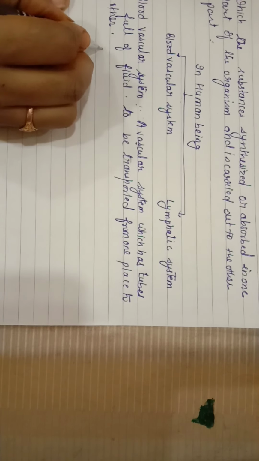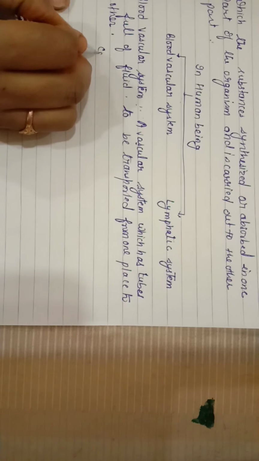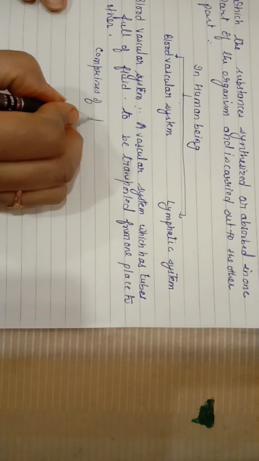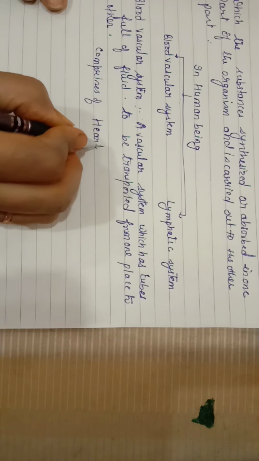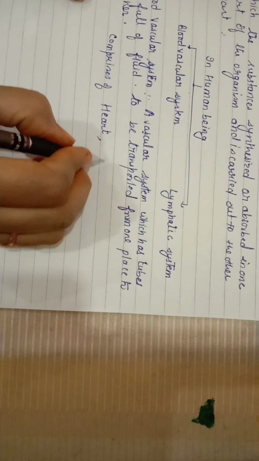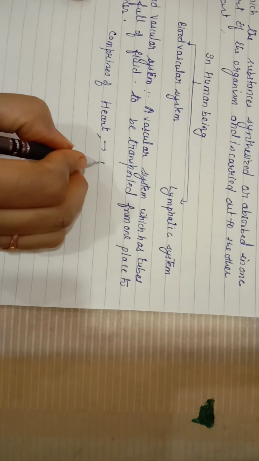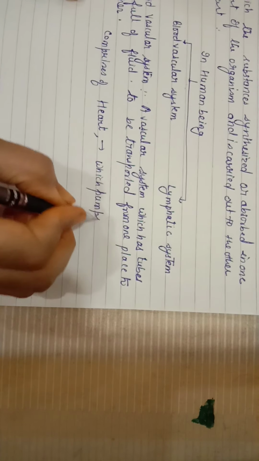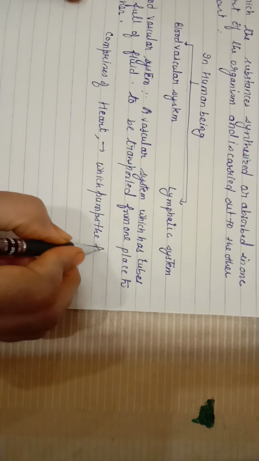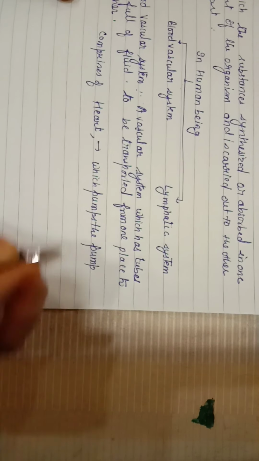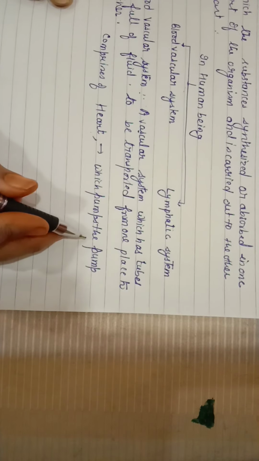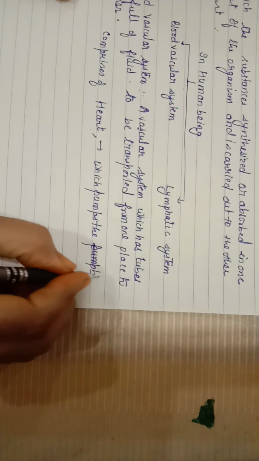So the blood vascular system comprises the heart. It is the organ which pumps the blood. Probably you are well aware of this particular organ, the heart, which pumps the blood.